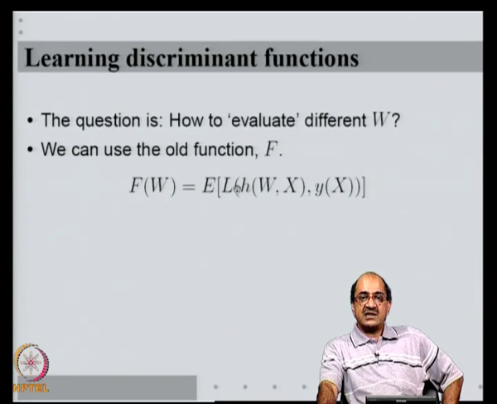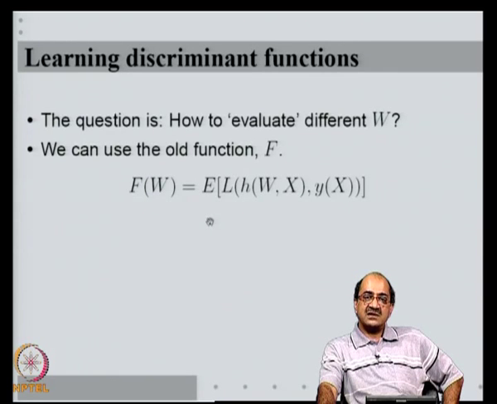If I am using a linear discriminant function with W as the parameter vector, let us say h of W comma x, as given earlier, is the classifier. Then L of h of W comma x comma y(x) is the loss suffered by h on a pattern x if it uses parameter vector W. I take its expectation and that is the risk for W. Now what we want to do is to find a W that minimizes this expectation.